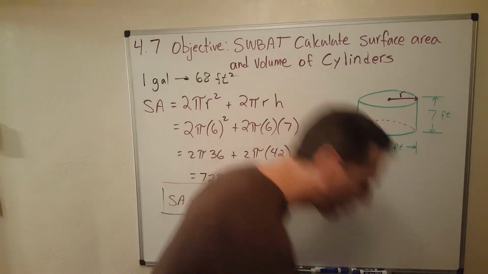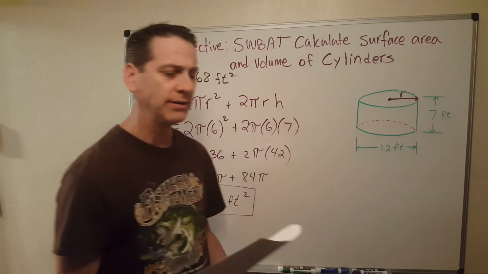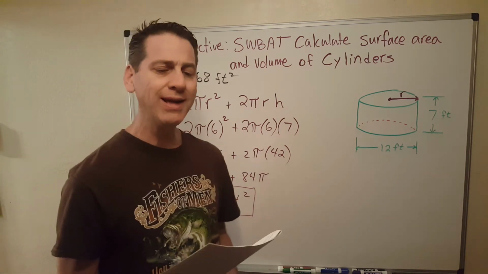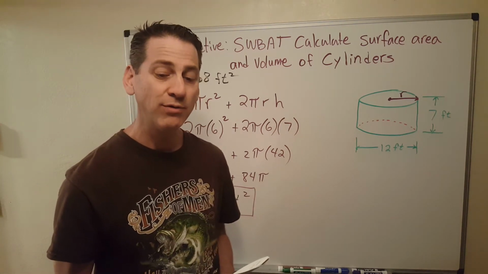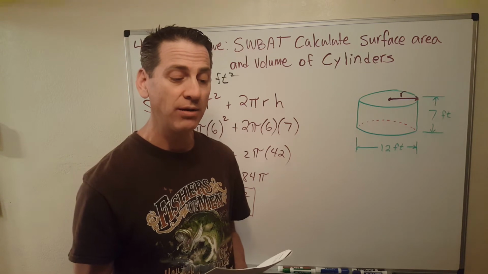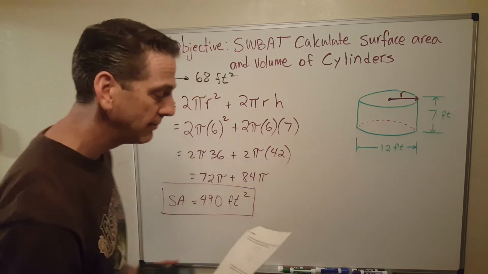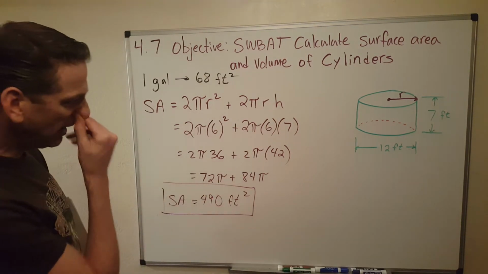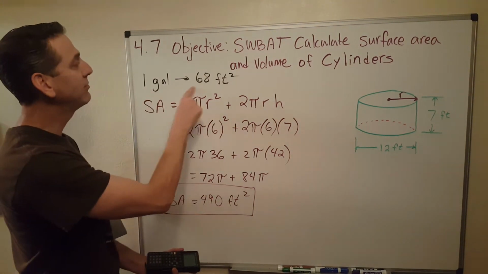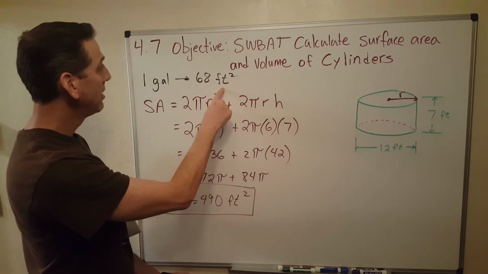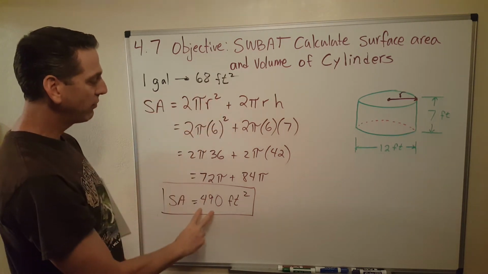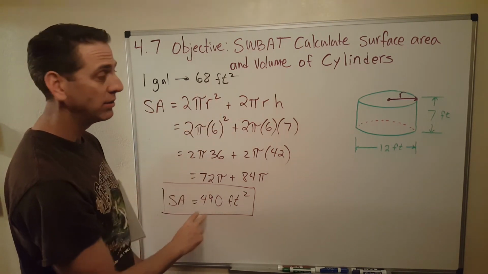Now let's see what they're asking. If 1 gallon of paint covers 68 square feet of metal, how many gallons of paint will be needed? If 1 gallon gives me 68 square feet, how many gallons will I need for 490 square feet?